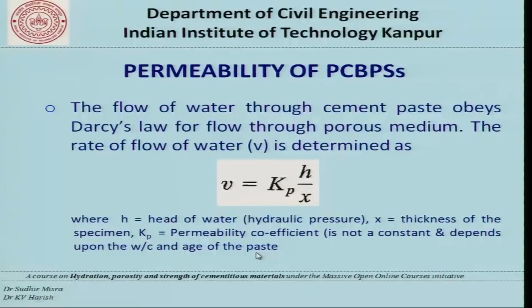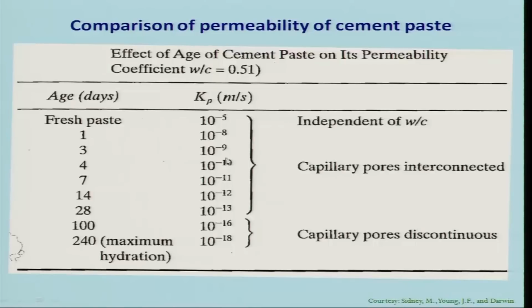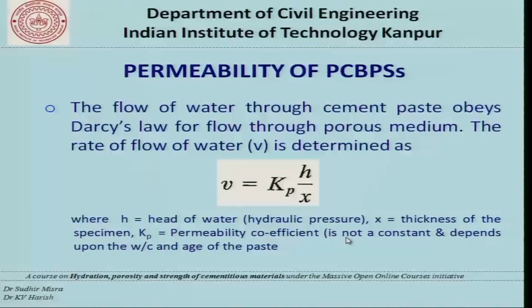So if you get back to the table, you see that this factor is dependent on water to cement ratio. When I said independent of water to cement ratio, I mentioned that the levels, which means the orders 10 power minus 5 to 10 power minus 13, are independent of water to cement ratio. In this case we are talking about the magnitude.